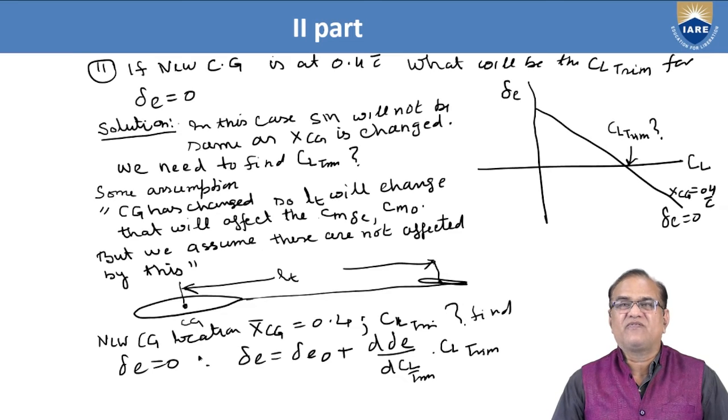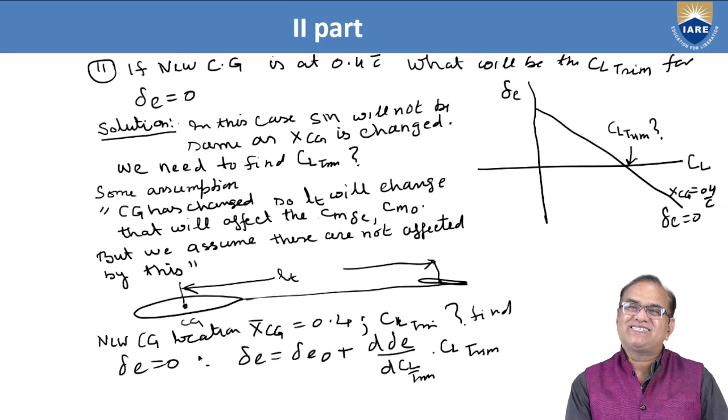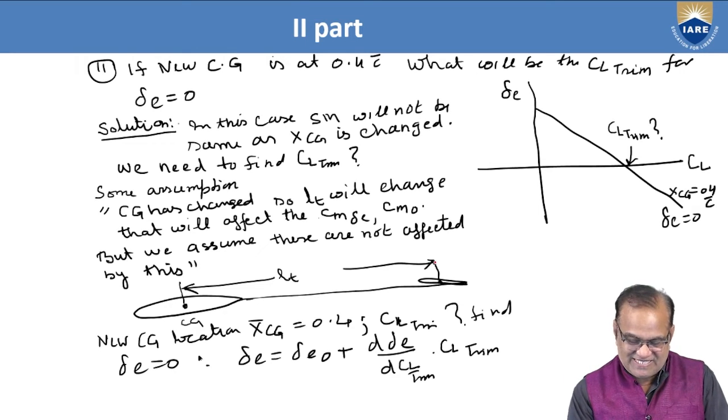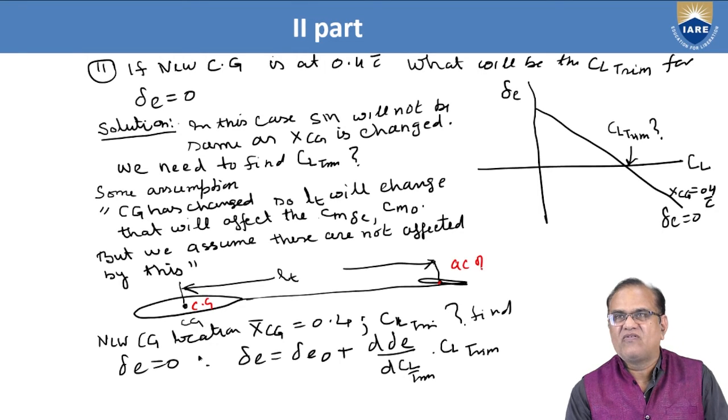Some assumptions we have to make in our solution of this problem. CG has changed, so LT will also change. That will affect the Cm delta E and Cm naught, but we assume that they are not affected by this. So if we change the CG here, this is the CG and here is the AC of the tail.